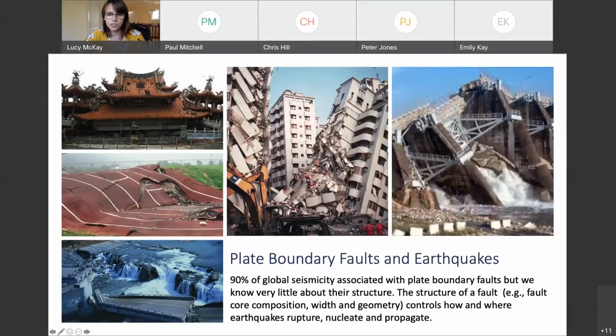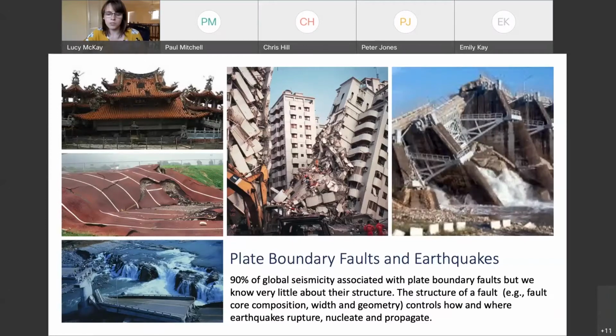As you can see, the damage from this earthquake ranged from burst dams to collapsed buildings, bent running tracks, etc. And the northern end of this plate boundary saw the highest fault displacement and consequently the greatest surface severity and damage, but the southern end had small displacement, therefore the surface damage at the southern end of the fault was minimal compared to the northern end.